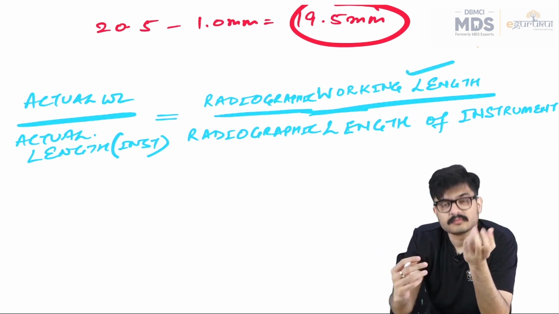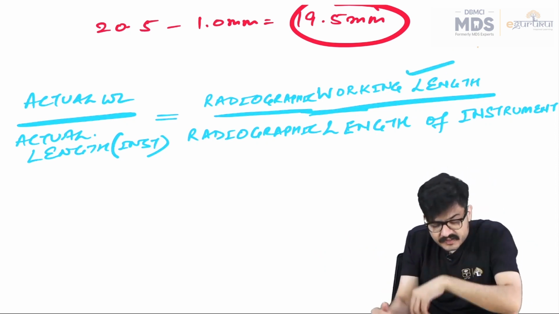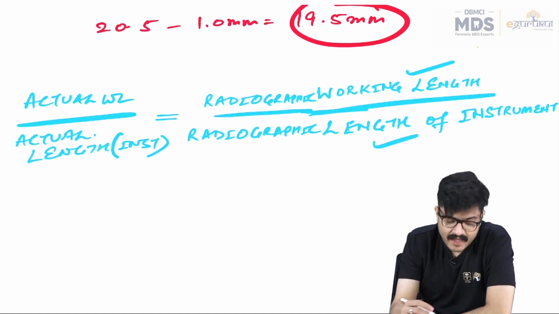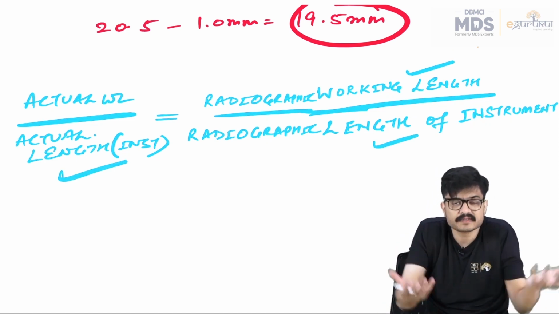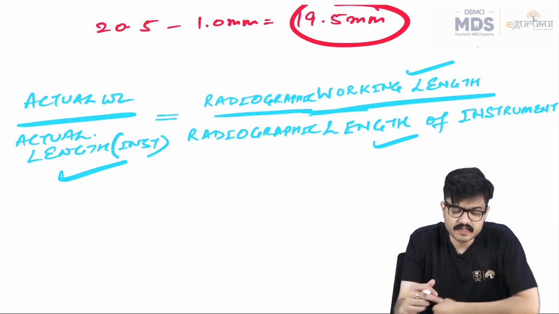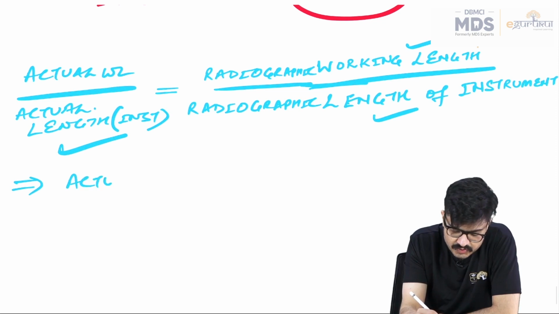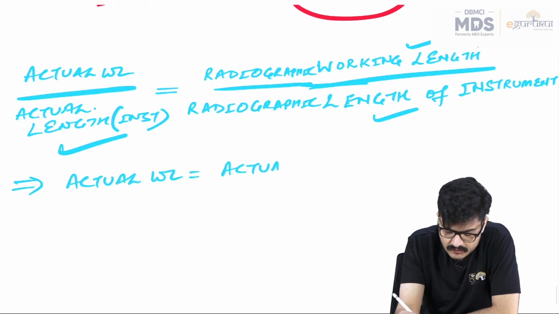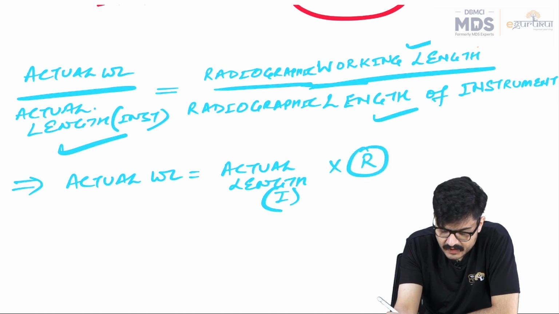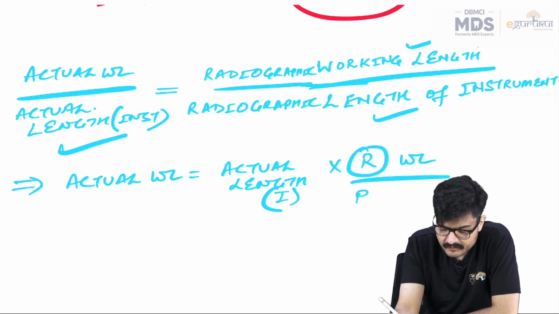On the X-ray, I would measure the length of the instrument. That would be the radiographic length of the instrument. Actual length of the instrument I know, because that is what I have measured with my hands. So my actual working length would be the actual length of the instrument multiplied by radiographic working length divided by radiographic length of the instrument.